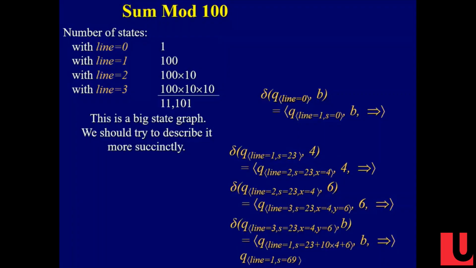It's not 100. For line 2, there are 100 values that S can have, and for each of those, there are 10 values that X can have. That's why we get 100 times 10. And line 3 is 100 times 10 times 10. Does that make sense? Can everybody do this, and understand where it's coming from?